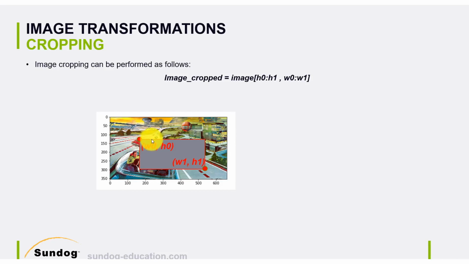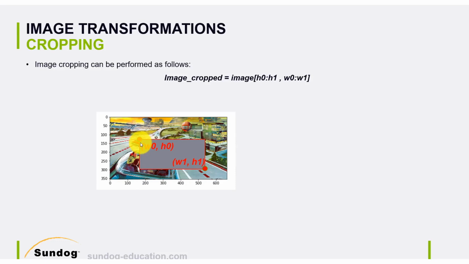And then you provide the bottom right corner, which is W1 and H1. Once you do this, then you're good. Then you define that, from H0 to H1, I need those pixels out of the image, from here down to H1. It's like cutting this section of the image.